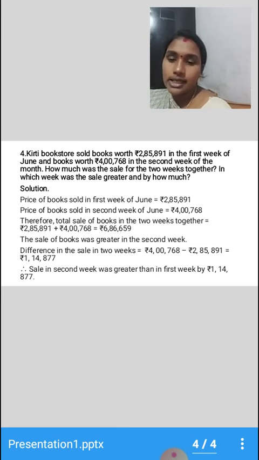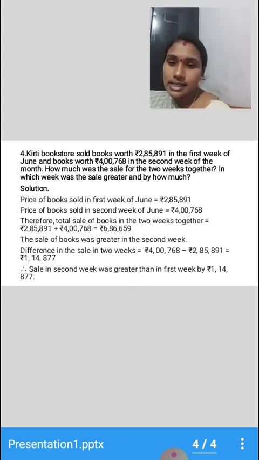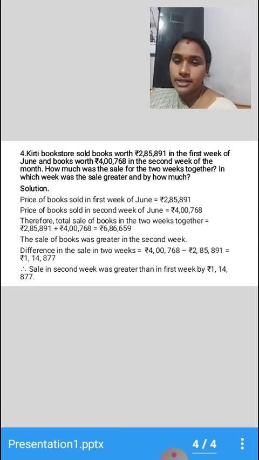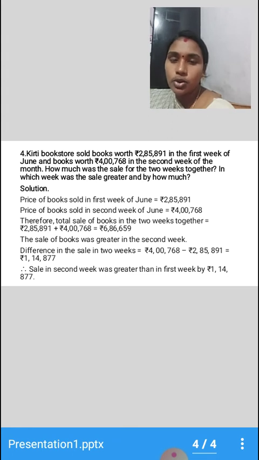Next, price of books sold in the second week of June is equal to 4,768. So now when you add these both, you get 6,86,659. Okay children, so the first question we got the answer as 6,86,659.